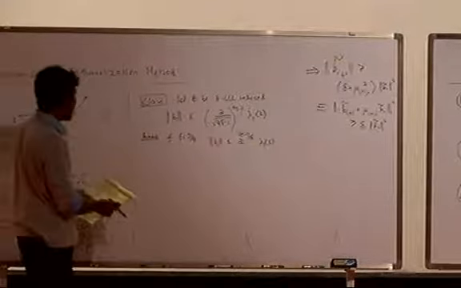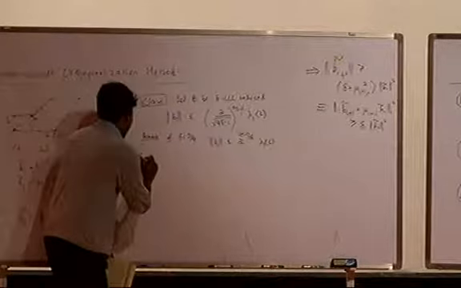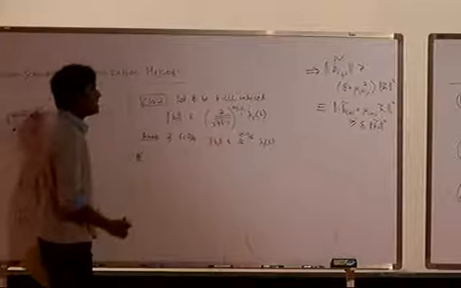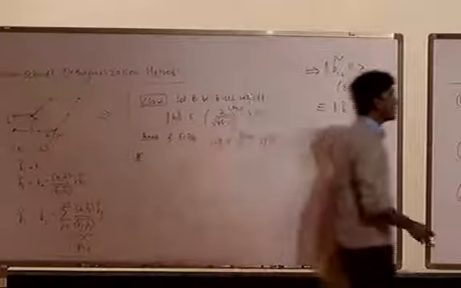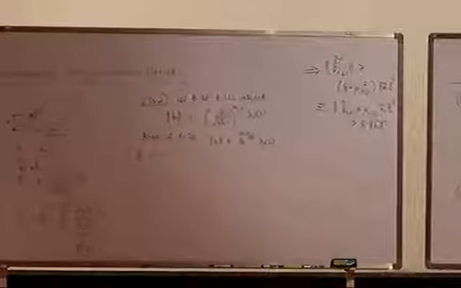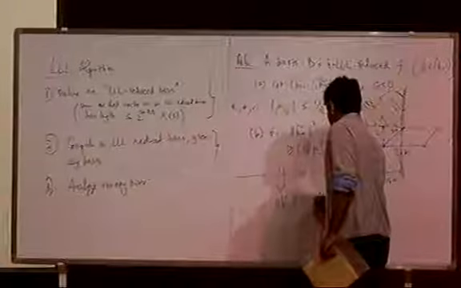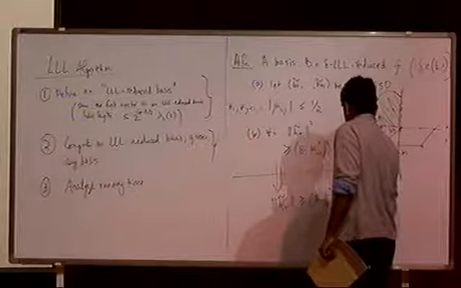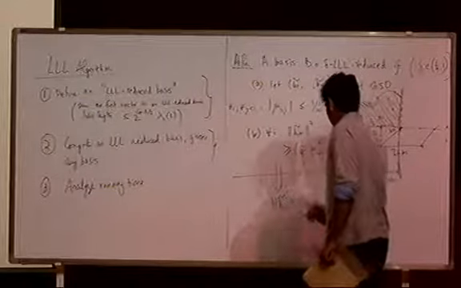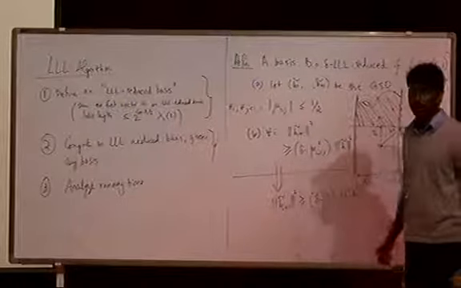So how do we show this? Remember that this condition says that b_{i+1} tilde squared is at least (delta minus a quarter) times b_i tilde squared, because all the mu's are smaller than a quarter.